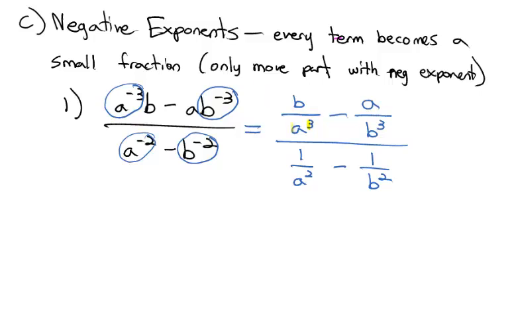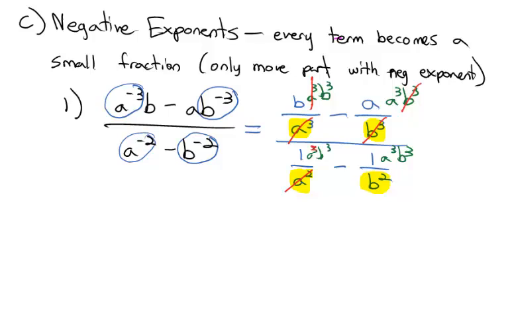In the denominators, we've got a cubed and a squared, b cubed and b squared. The common denominator then is a cubed b cubed, always taking the highest exponent on each factor. So we'll multiply each term by a cubed b cubed. And when we do, the a cubed goes out with the a cubed, the b cubed goes out with the b cubed.